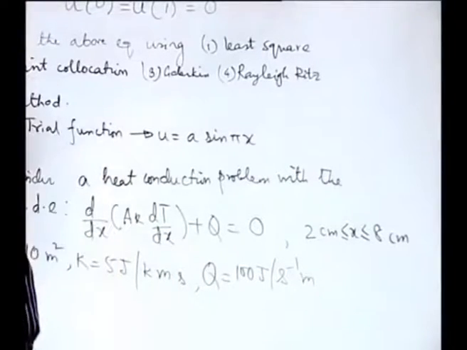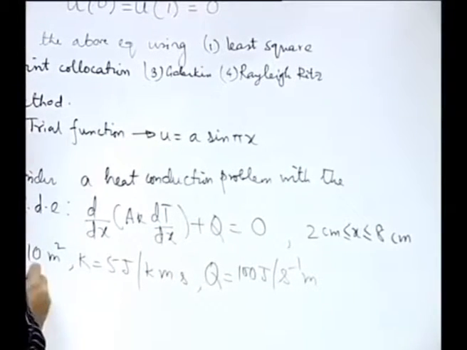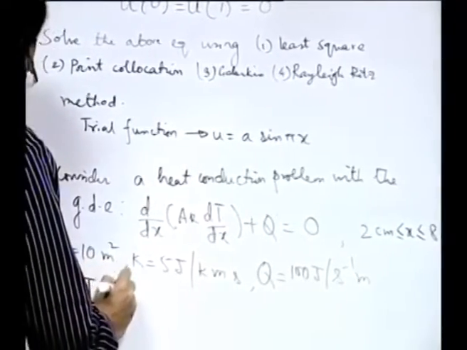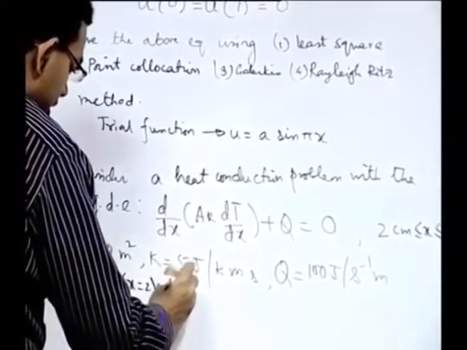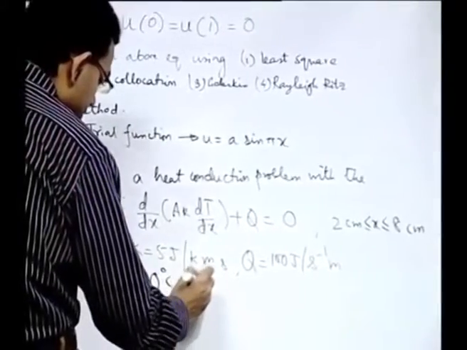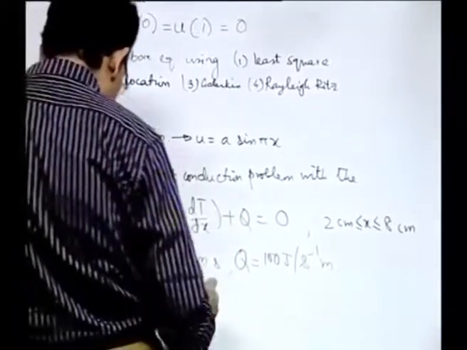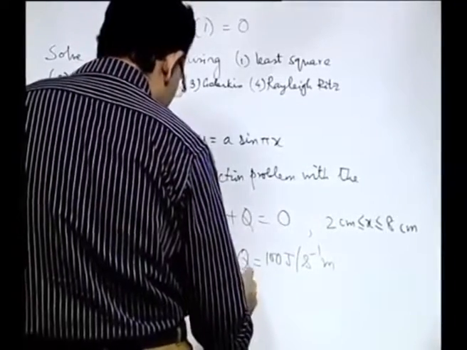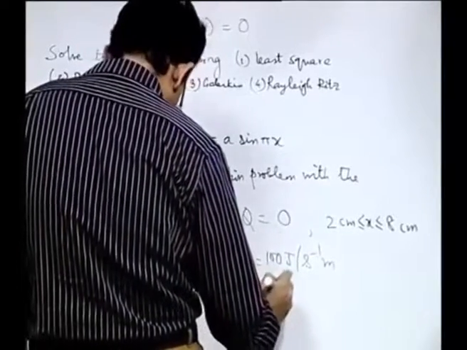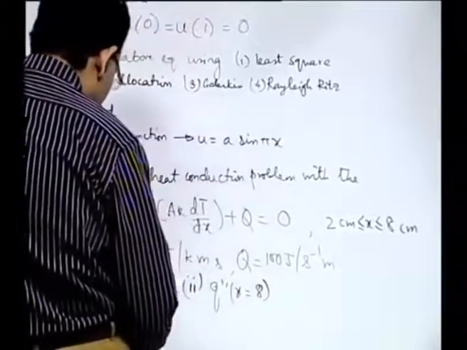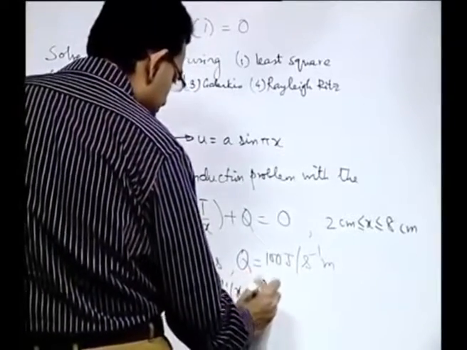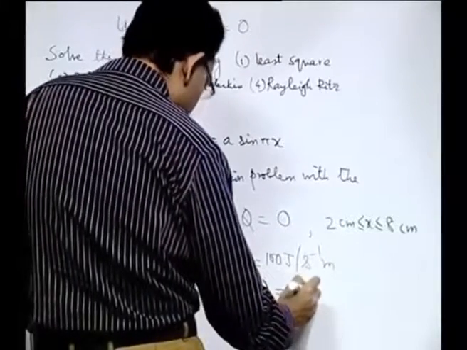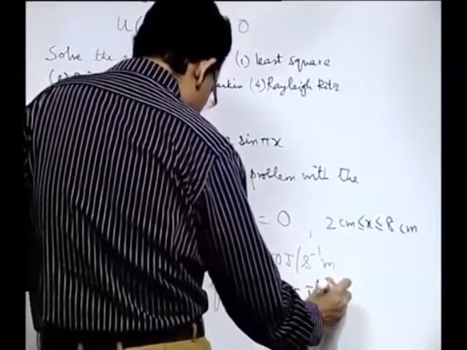The boundary conditions are T at x equal to 2 equal to 0 degree centigrade, and the heat flux at x equal to 8, both are centimeter, 2 centimeter and 8 centimeter, is equal to 15 joule per meter squared second.